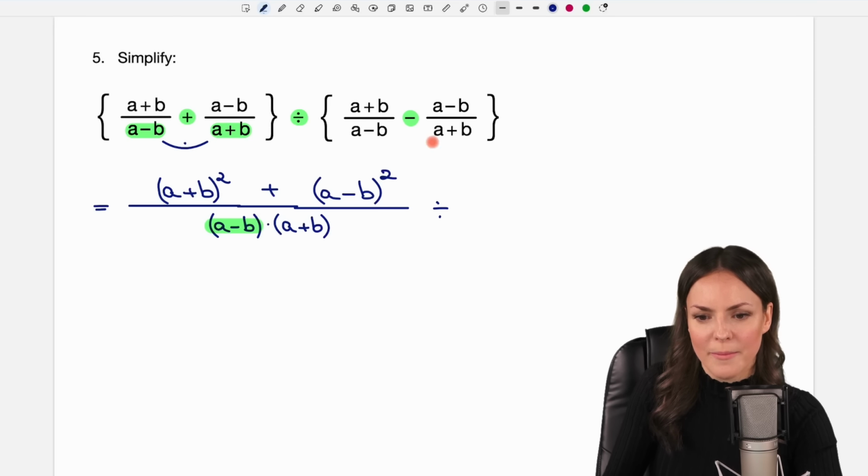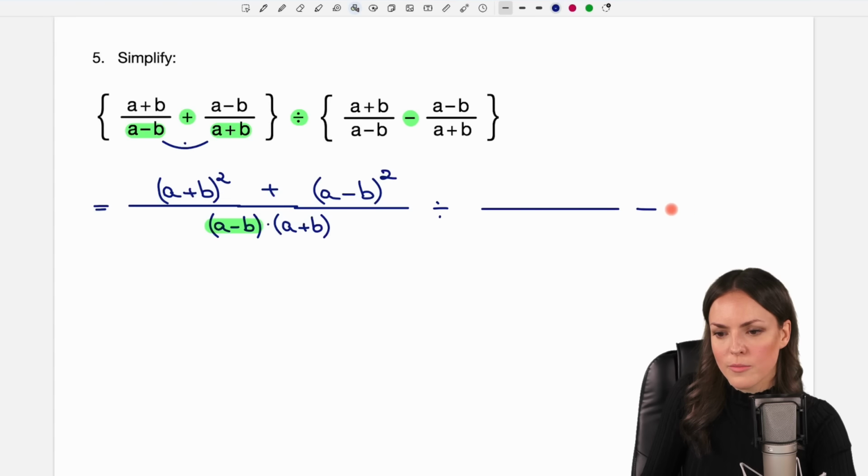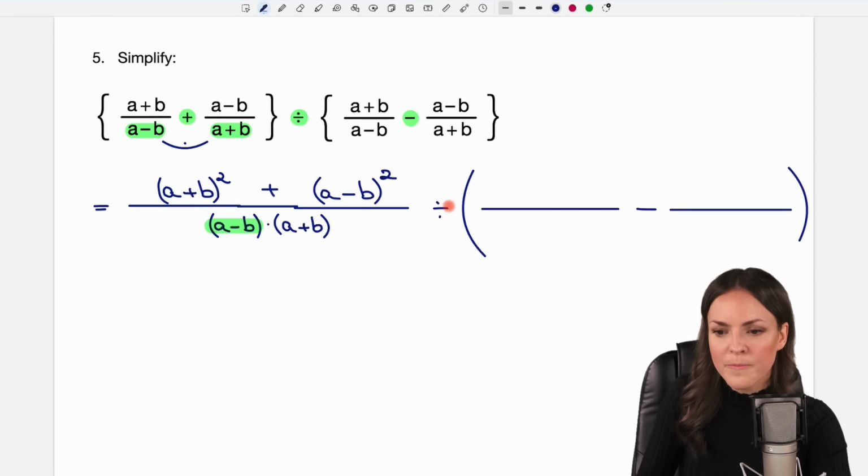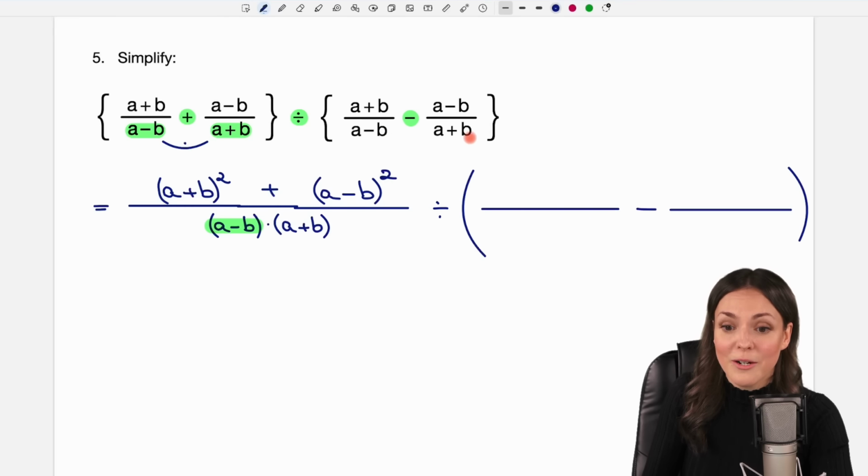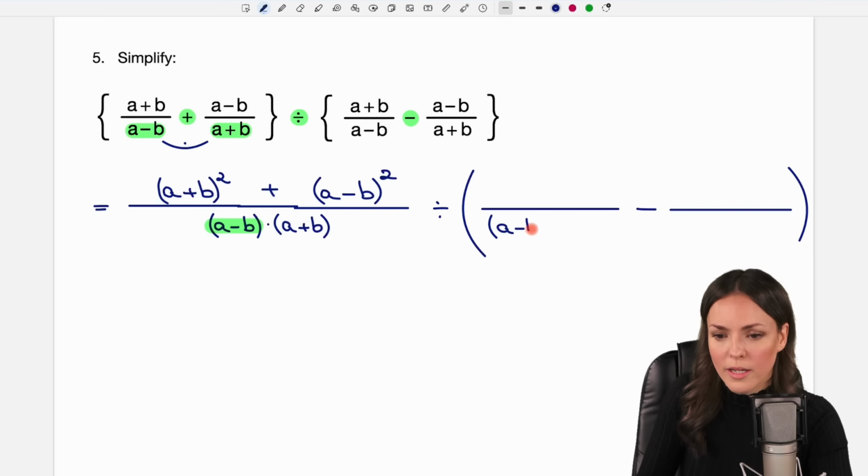We want to subtract them, so we have this first fraction. We want to subtract it from the other one. We have to write these in parentheses because we have this division symbol here. So a common denominator would be, well, we already have done it, so let's do it again. We multiply the denominators to get a common denominator for here and for here as well.